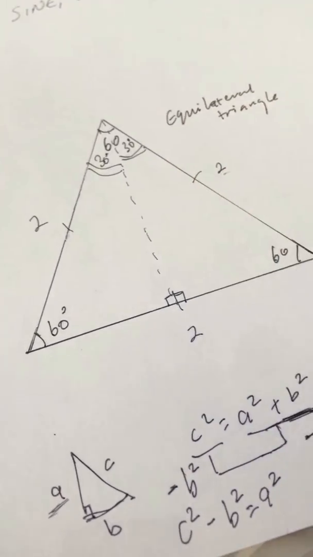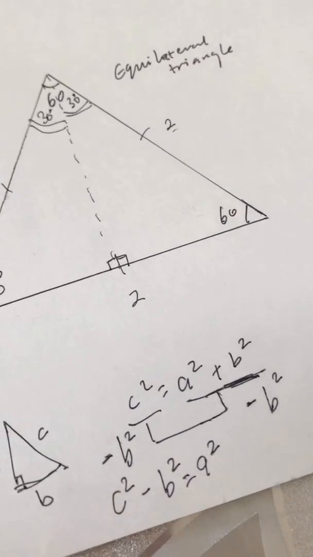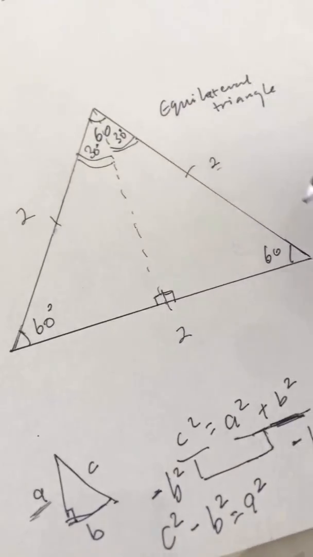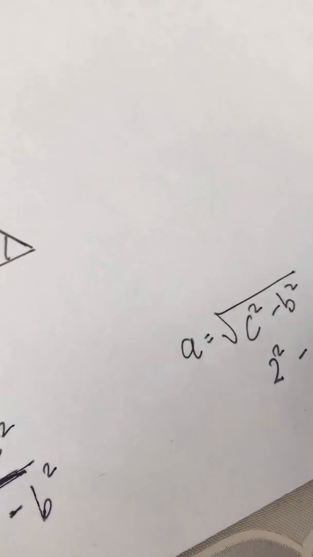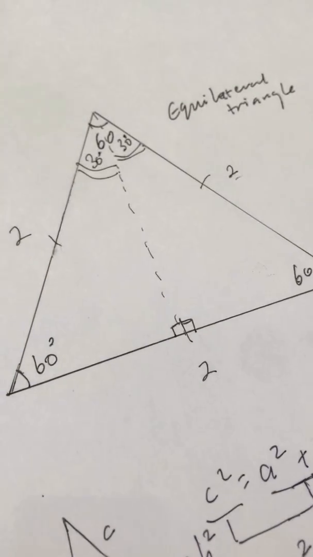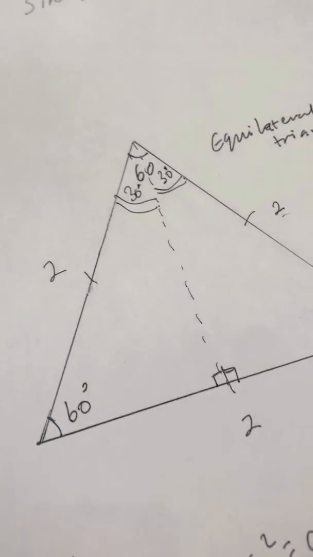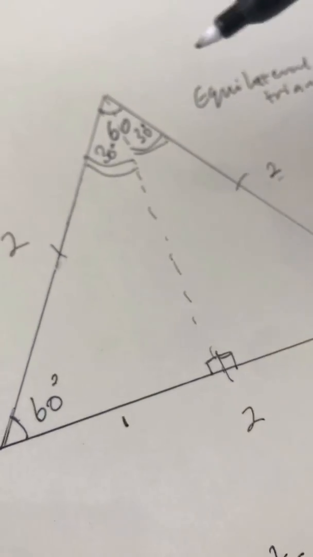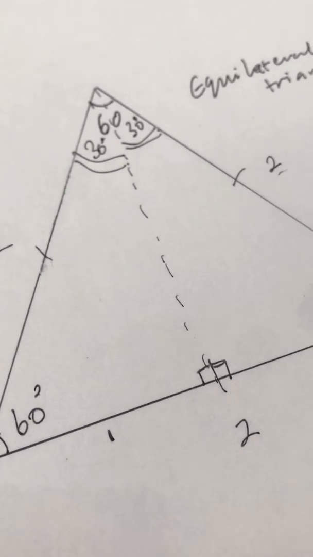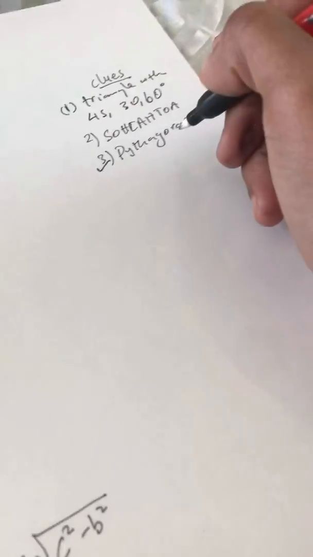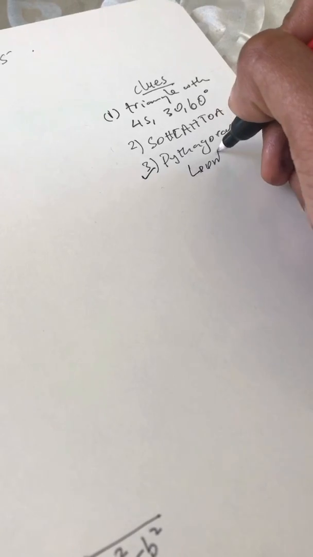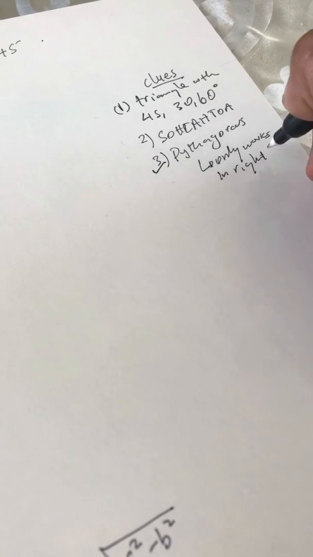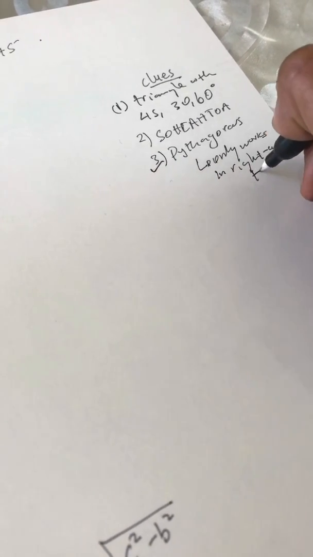Okay, so now we have that. We know our A is what we need. We know our C squared, the hypotenuse, is 2 squared minus, and we know our base. It's like this. This is 1 and this is 1 because the triangle has been divided. We need a right angle triangle to use Pythagoras. Pythagoras only works in right angled triangles.